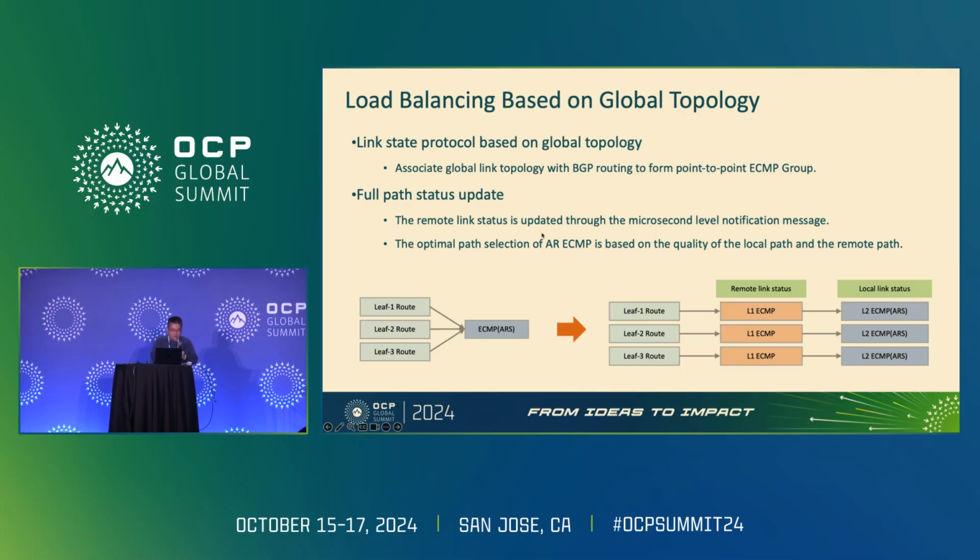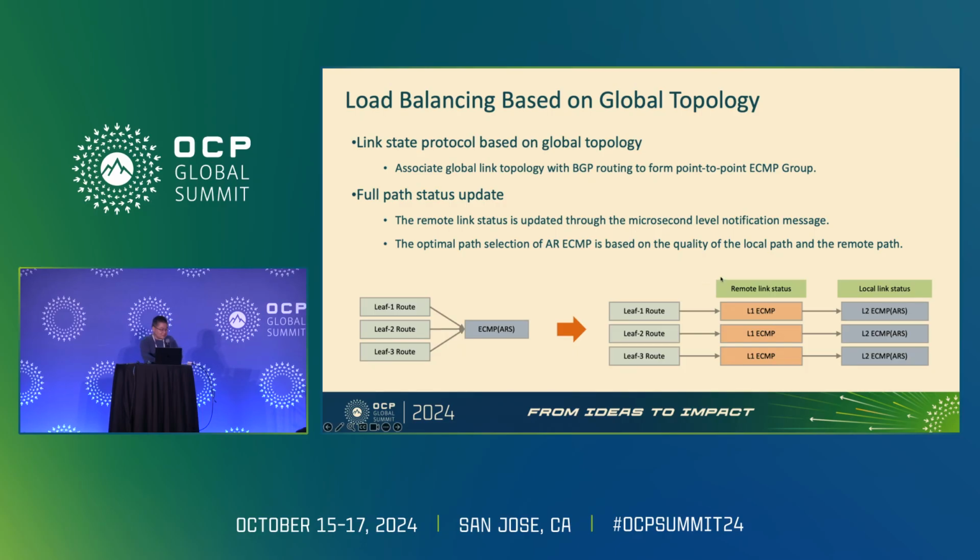At the control plane, the remote quality needs to be visible via control plane messages to the uplink node. This update needs to be done at the microsecond level. At this time scale, the regular routing protocols currently in action will not be able to serve as a vehicle to deliver such messages.